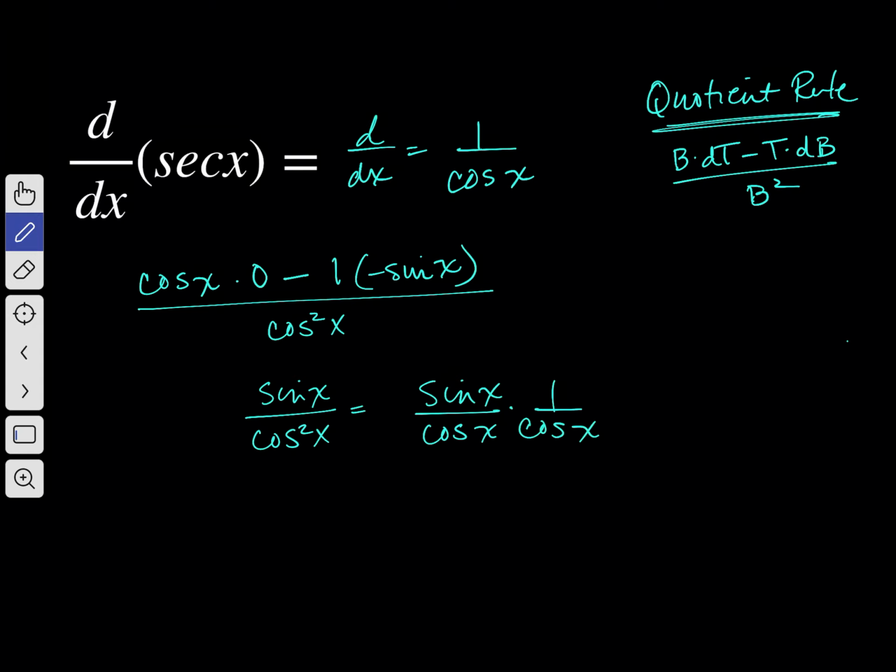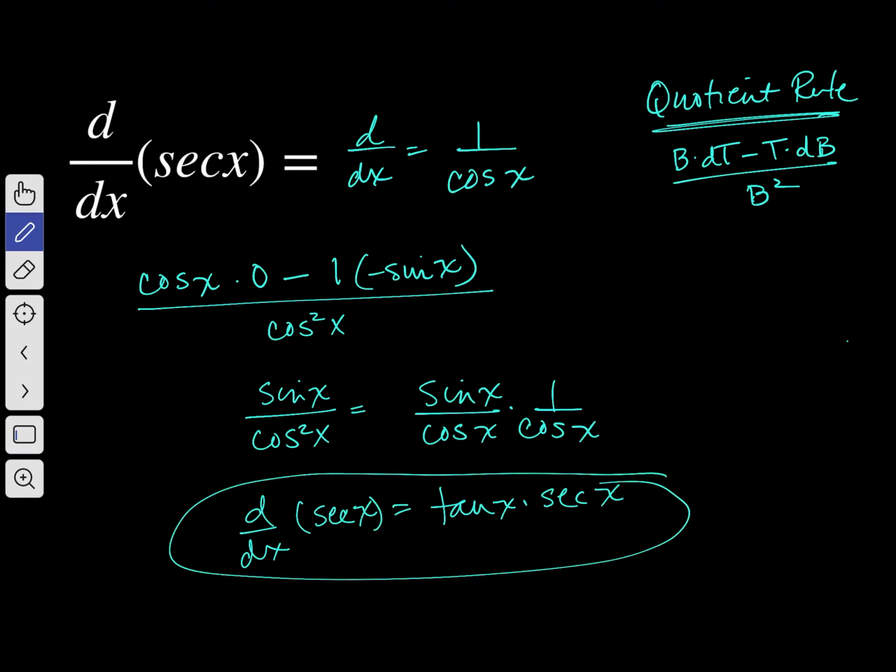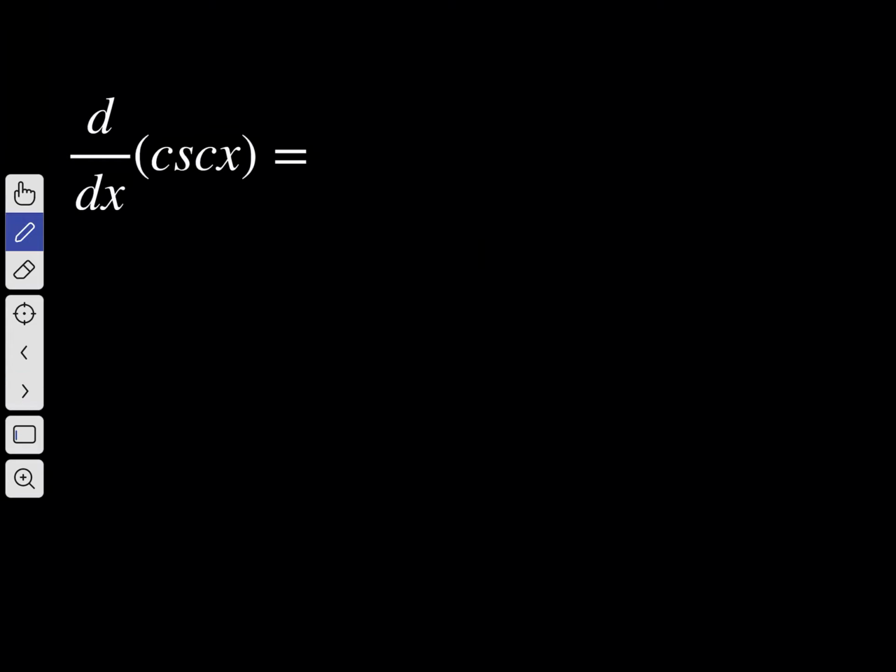You remember all those trig identities from pre-cal? Well, they're coming into play right now. So sine over cosine is tangent x, and 1 over cosine is secant x. So the derivative d dx of secant x is equal to tangent times secant. All right, next up is cosecant, and this is the same as 1 over sine.